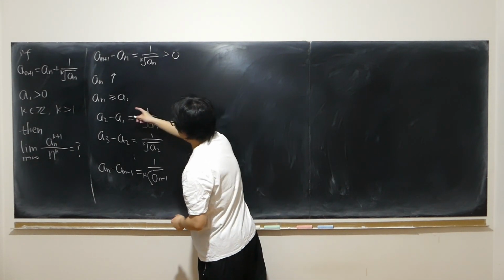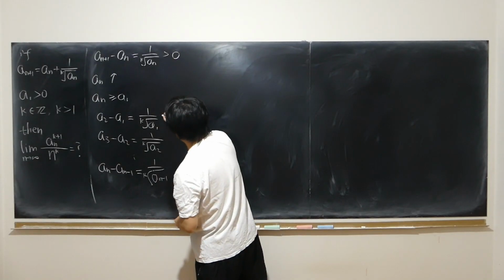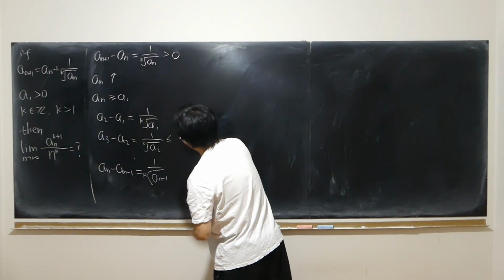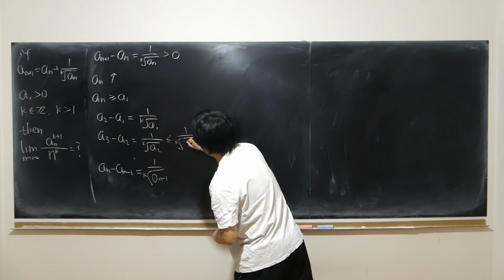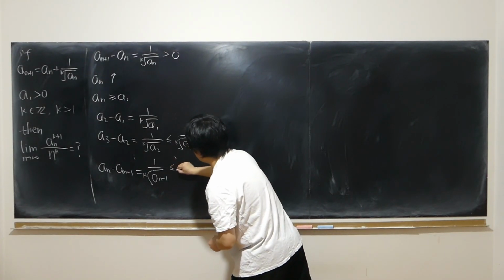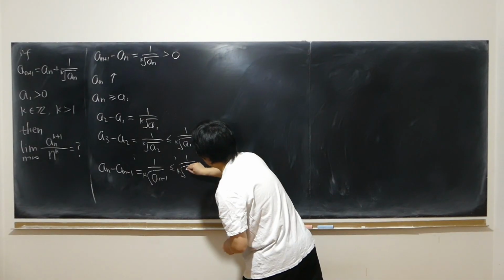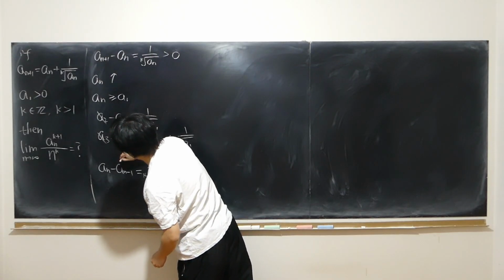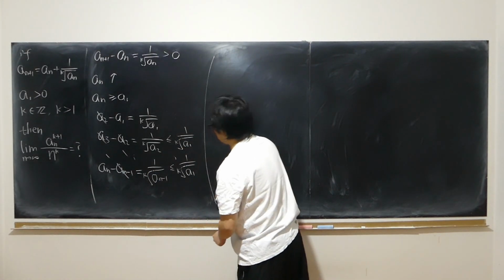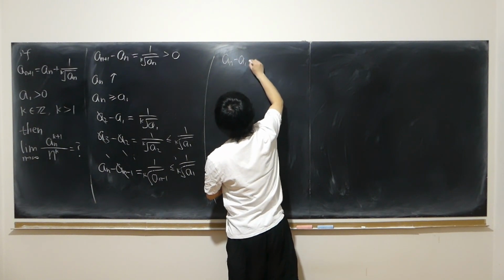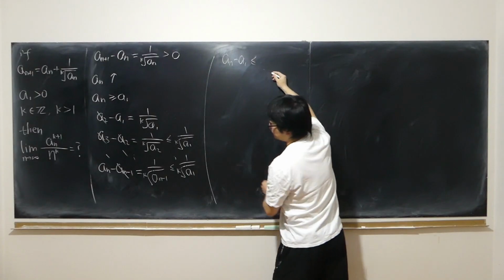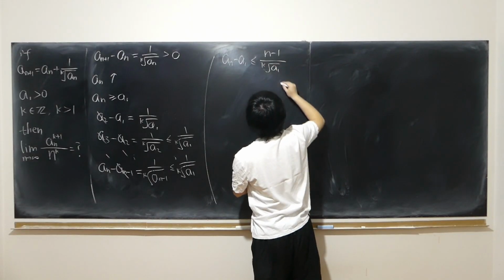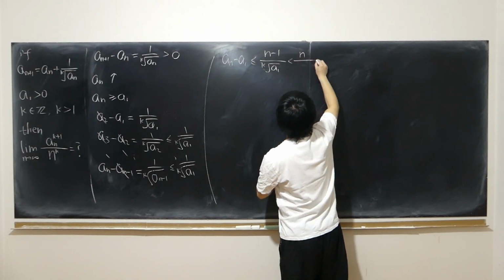Since here I take the reciprocal and take the kth root, it has to be less than or equal to 1 over the kth root of a_1, all the way. And so when you add them up, you have a_n minus a_1 is less than or equal to n minus 1 over the kth root of a_1, which is less than n over the kth root of a_1.